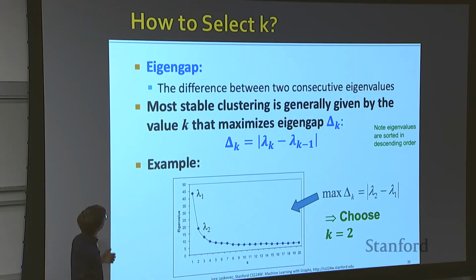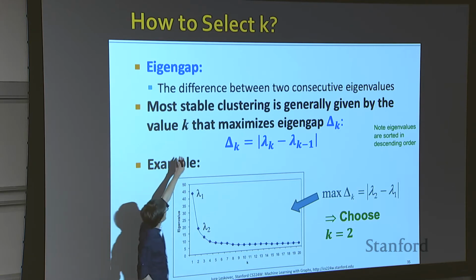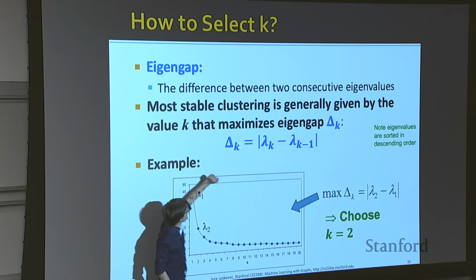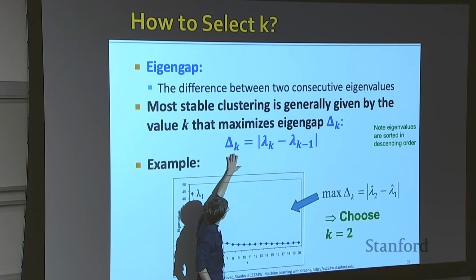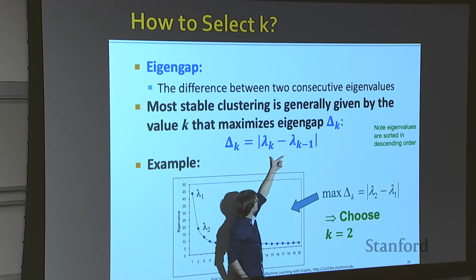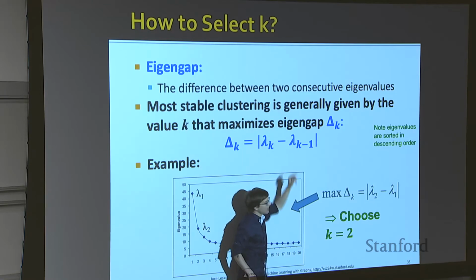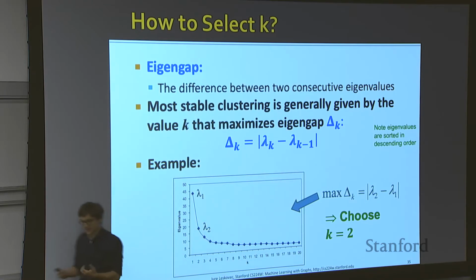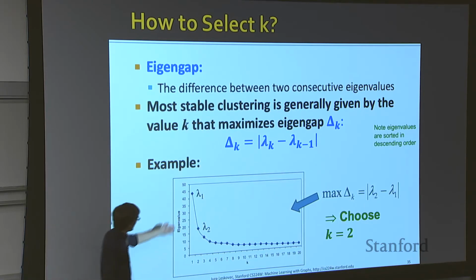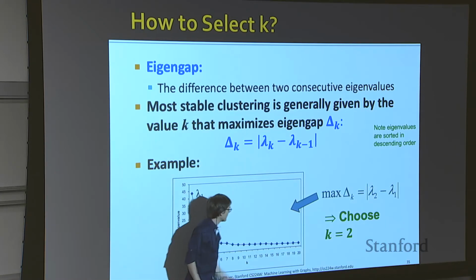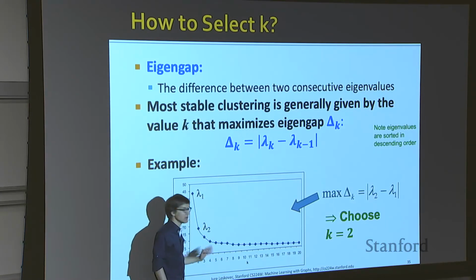One rule of thumb is that the most stable clustering is generally given by the value of k that maximizes the eigengap. And the eigengap is the distance between the k-th and the k minus first eigenvalue. And usually you can plot them the following way and then decide where you want to cut.